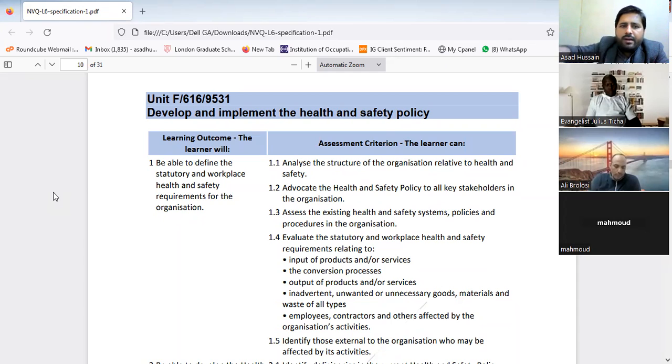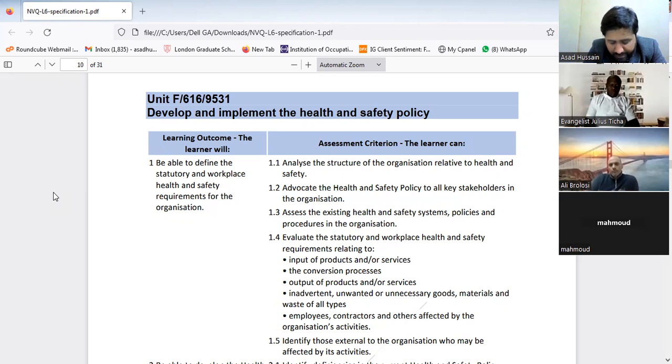Now moving forward, in this unit, as all of you know, we have learning outcomes, and with respect to those learning outcomes, we have to meet the assessment criteria.